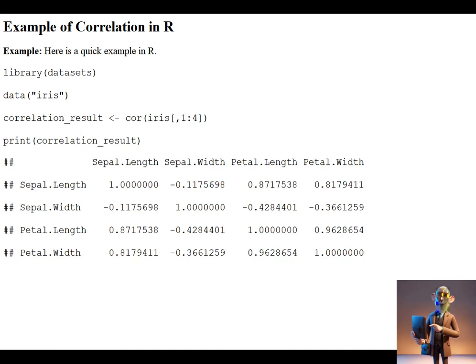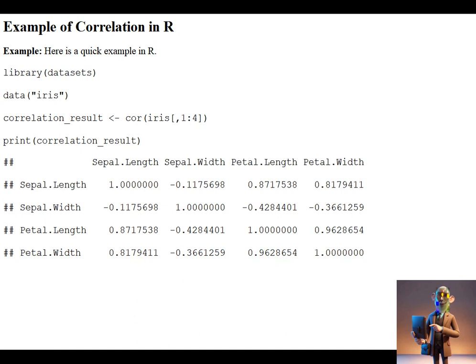The correlation coefficients range from -1 to 1, where a value of 1 indicates a perfect positive linear relationship, -1 indicates a perfect negative linear relationship, and 0 indicates no linear relationship. The closer the value is to 1 or -1, the stronger the linear relationship.